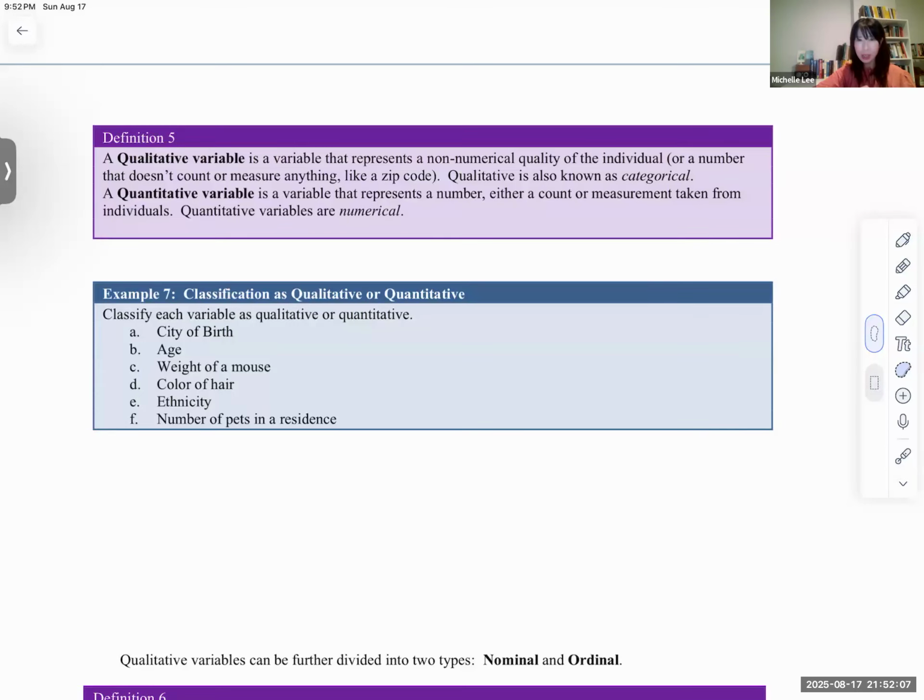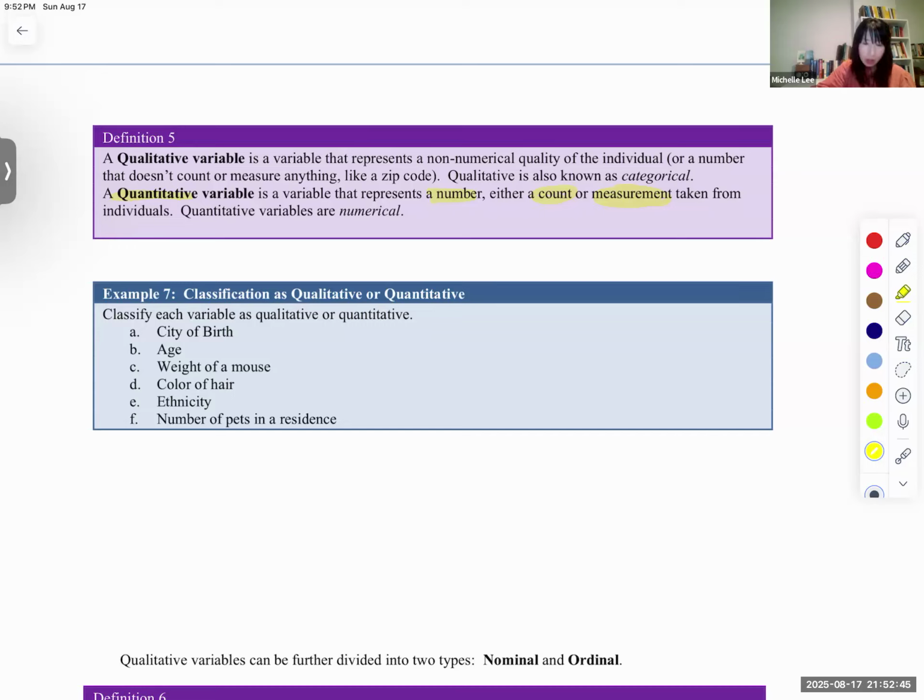We knew that a quantitative variable represents a number, but the kind of number is related to a count or measurement. Quantitative is number related, count or measurement.